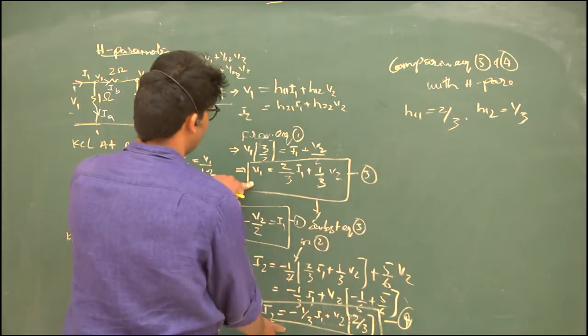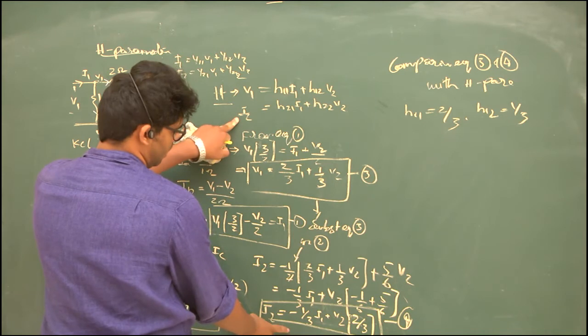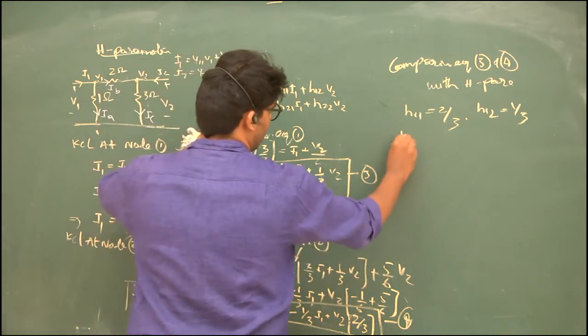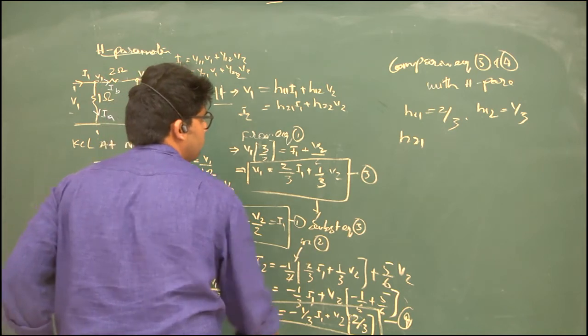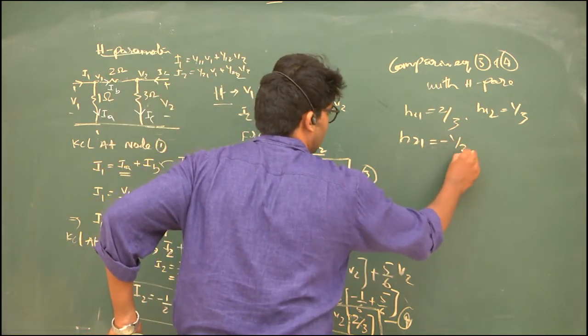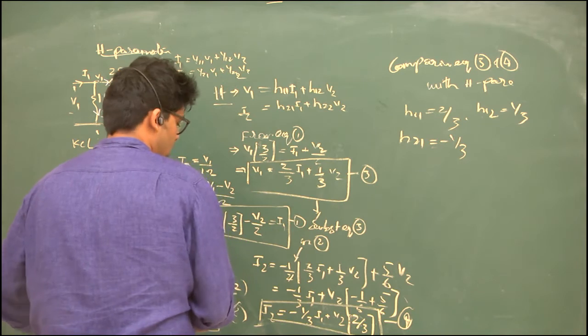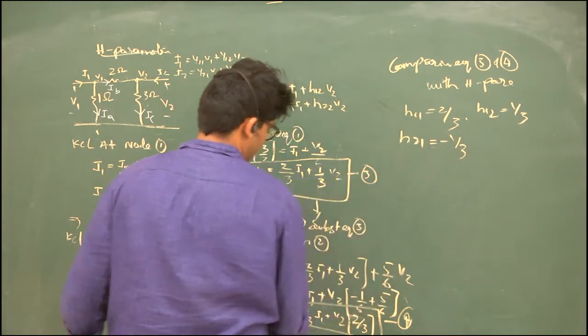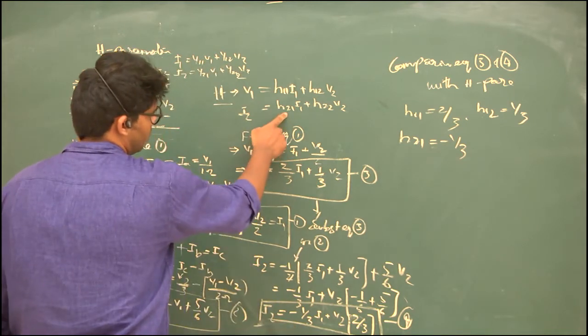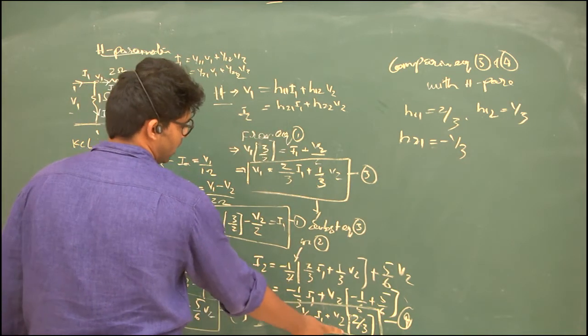Comparing I2 with this equation, H21 equal to minus 1 by 3, and H22 equal to 2 by 3.